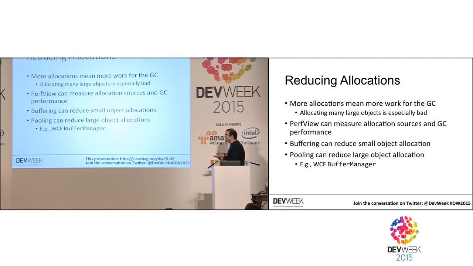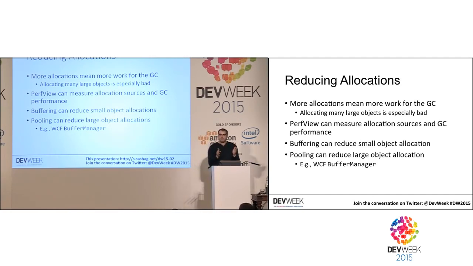The other idea is kind of the other way around. Instead of making allocations at all, you can pool objects which you have once allocated and not reclaim them. Instead, you can just keep them in some kind of collection and reuse them as necessary. This is something that WCF uses as an example. WCF has an internal class called BufferManager, which does this kind of pooling for large buffers.